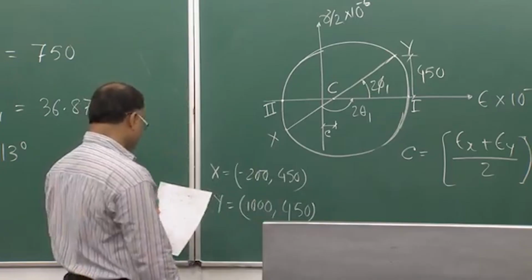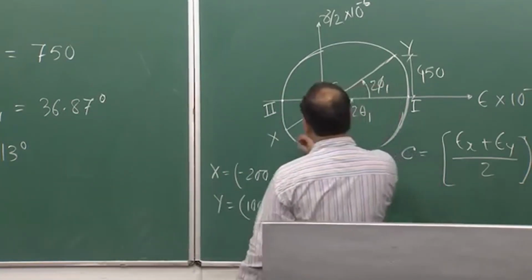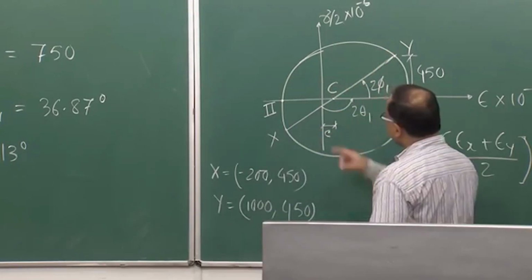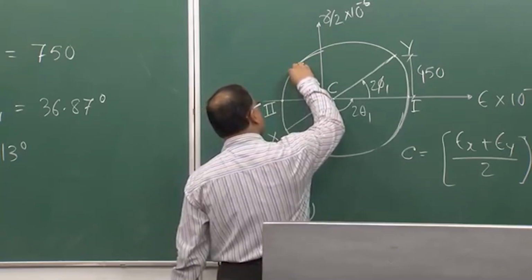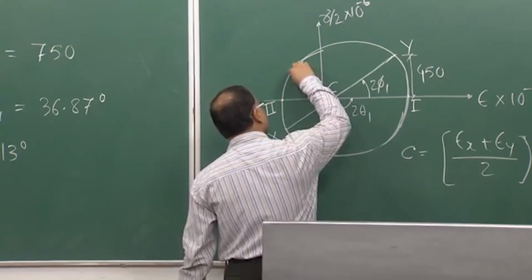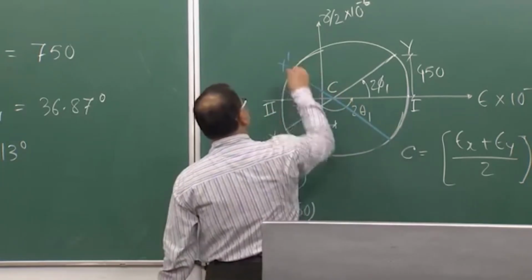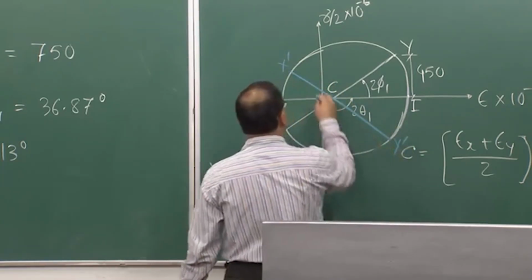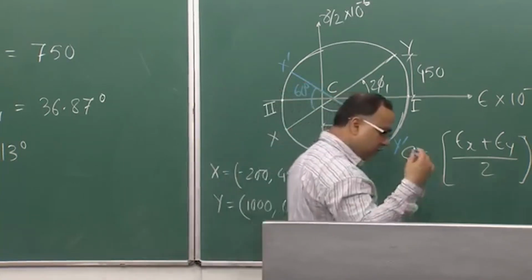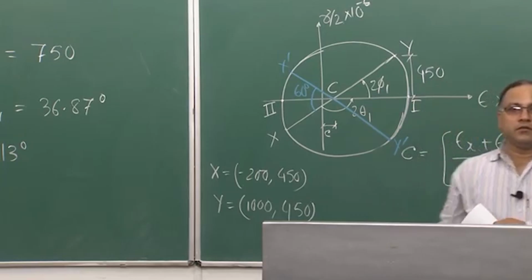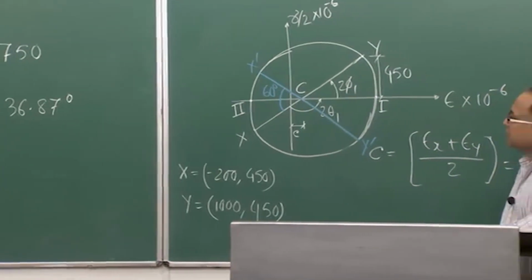So, this is my x prime point and this is my y prime point, and this angle is nothing but how much? 60 degree, double the angle actually made in the axis system. So, that is 60 degree.